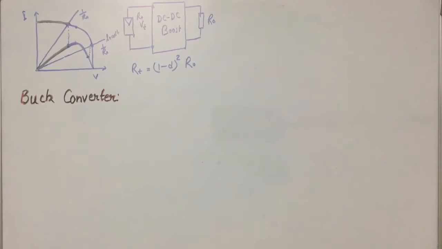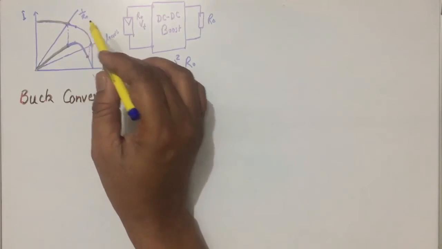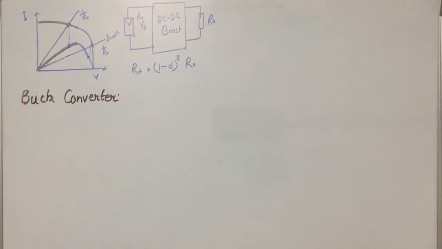Now buck converter can help to achieve this point with different R conditions. It may help or may not, we will see now.